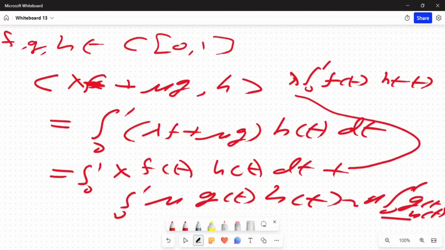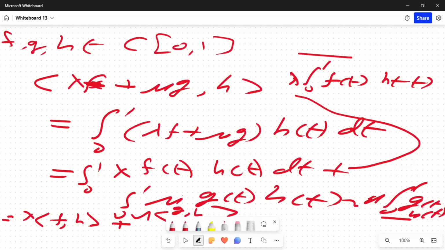So what is this candidate? This will be equal to lambda inner product of f comma h plus mu inner product of g comma h. This one is g comma h.